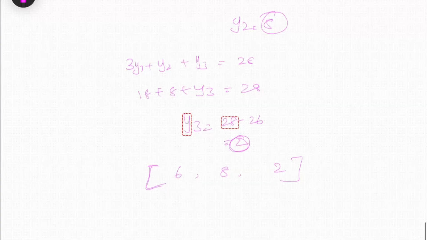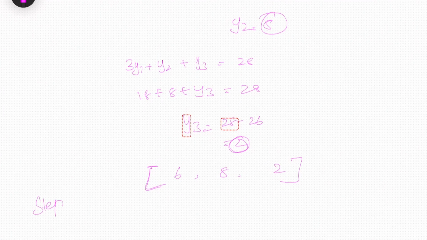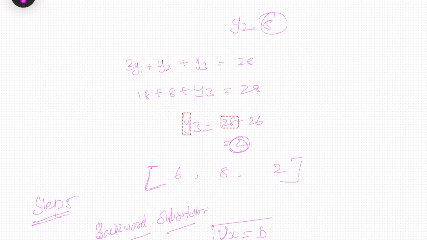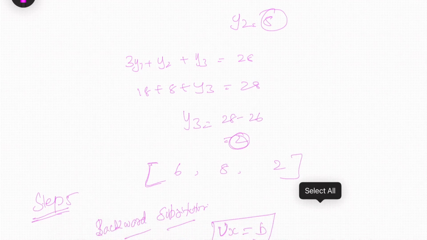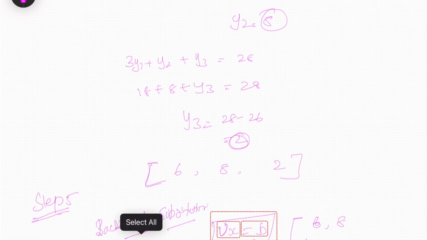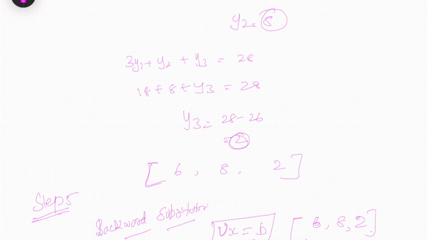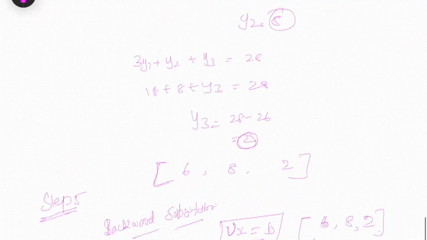So what we have here? This is R2 and this is R3, right? So R3 is 0, 1, 7, sorry, here it is 0, 1, 5.